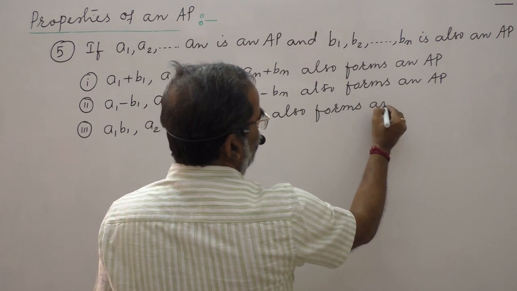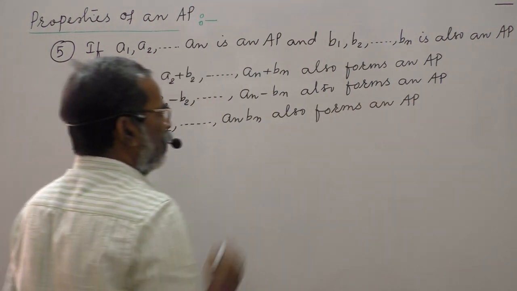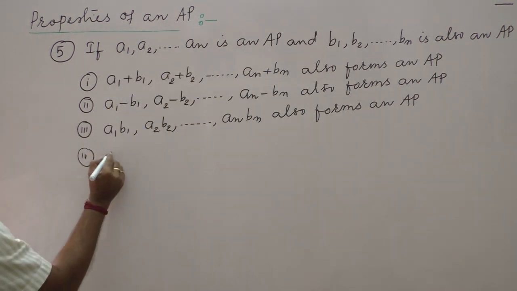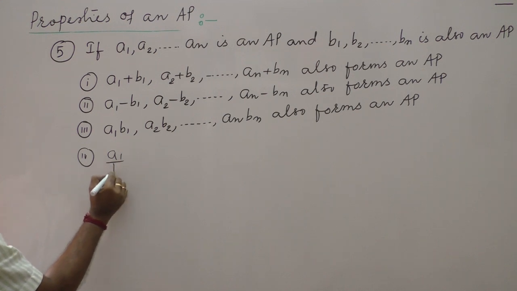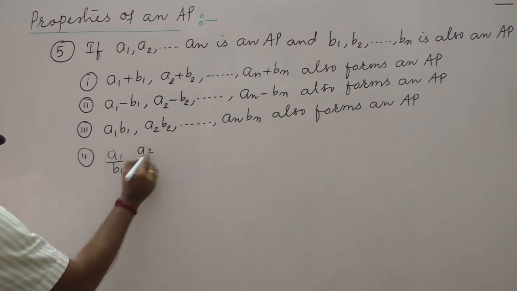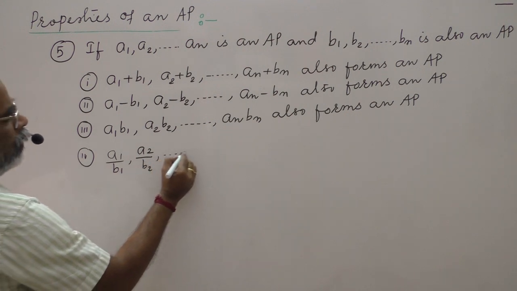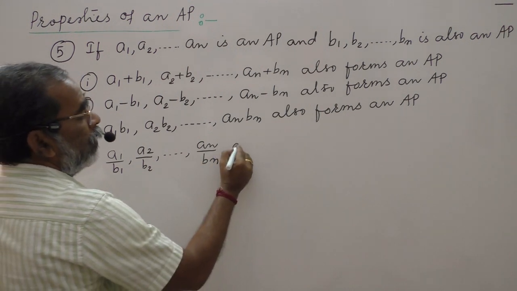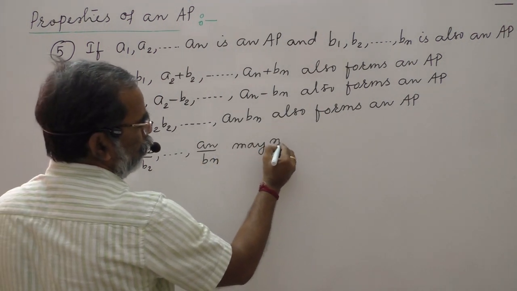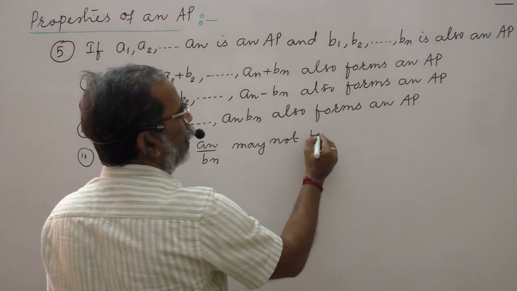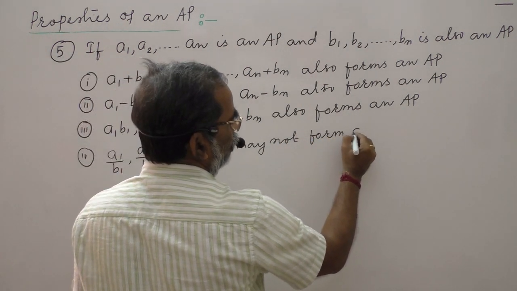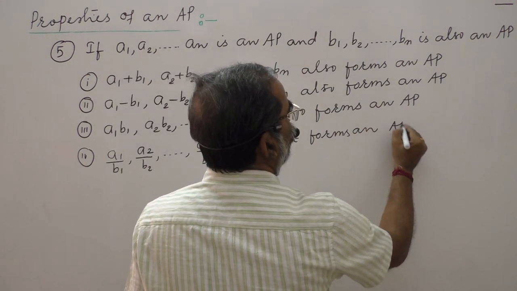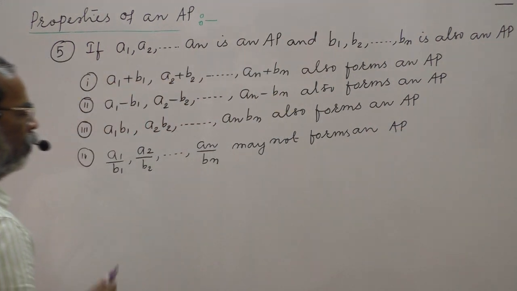Next, number 4, in the fifth property. For these two different AP series, A1 by B1, A2 by B2, A3 by B3, etc., AN divided by BN, this series may not form an AP. This is important. This point is to be remembered.